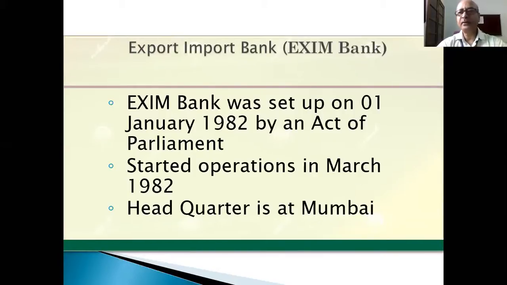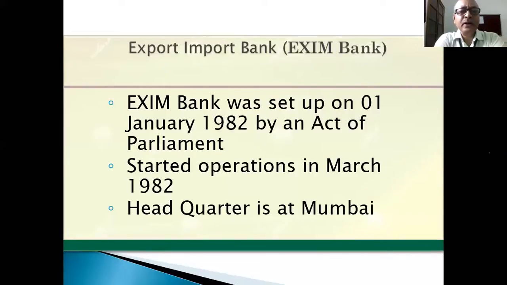So Exim Bank was set up in 1982 by an act of parliament. All the three institutions were set up by an act of parliament, and it started operations in March 1982.